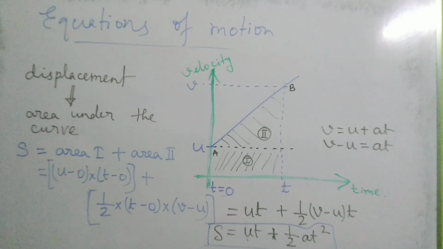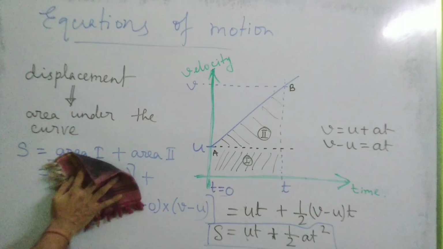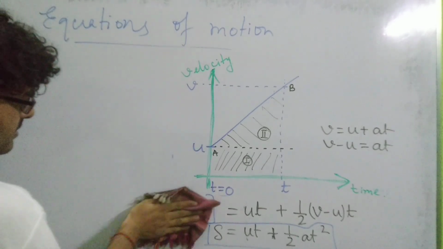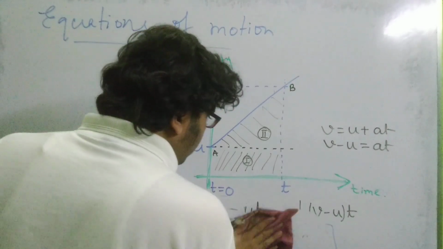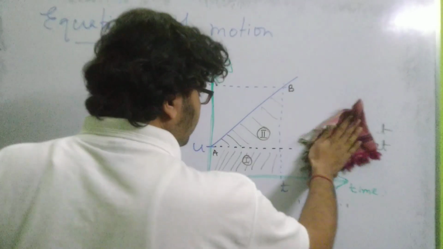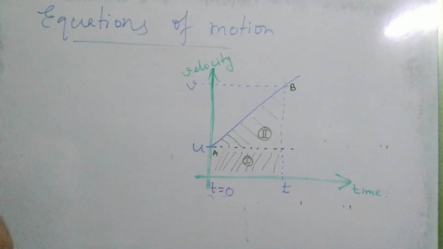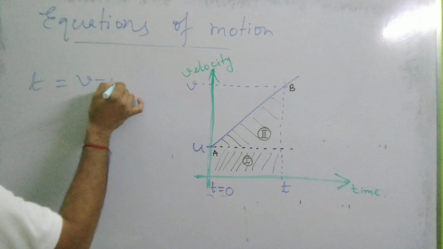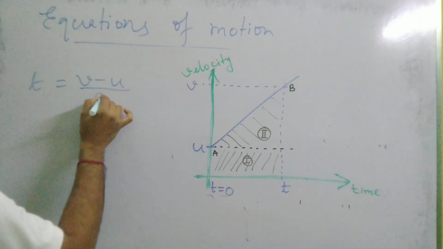Okay, so from the first equation you can do something like this. I have to substitute the value for t, isn't it? Yes, we can easily substitute the value of t. So from the first equation we get the value of t as t is equal to v minus u by a, isn't it?